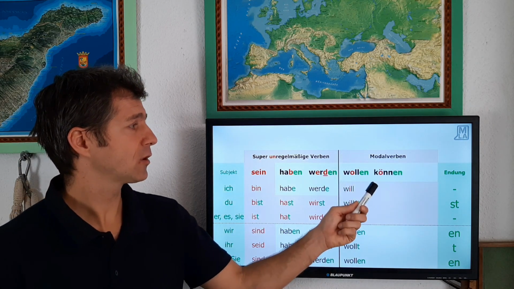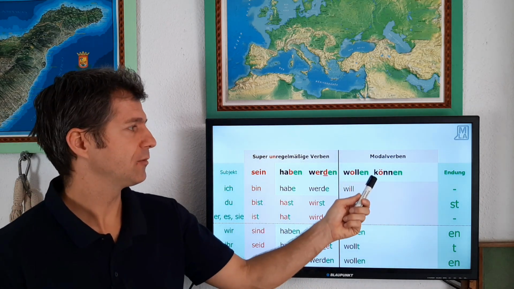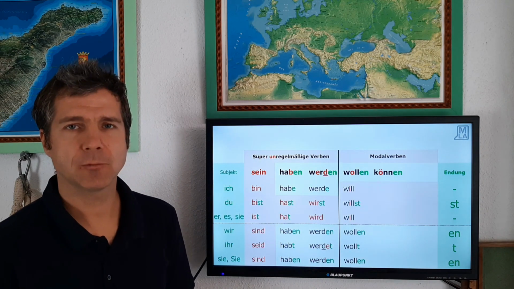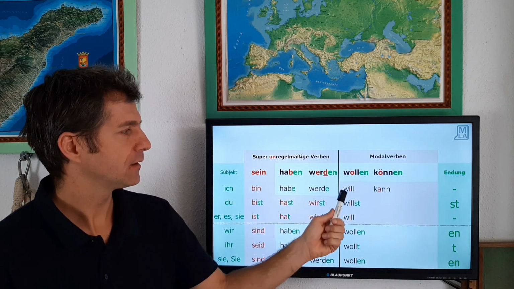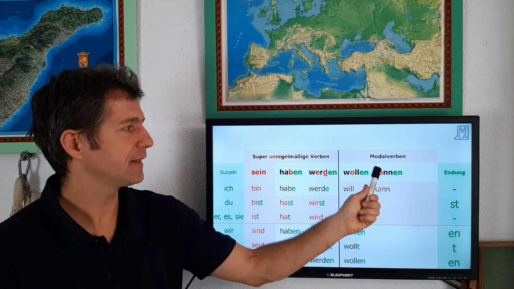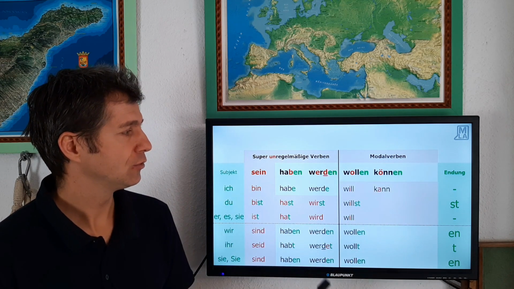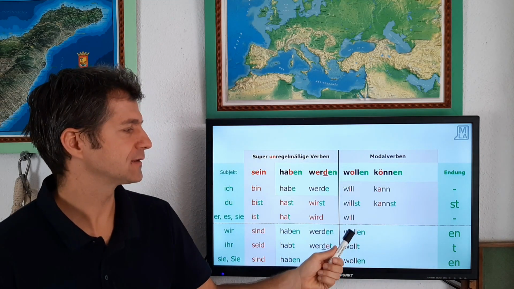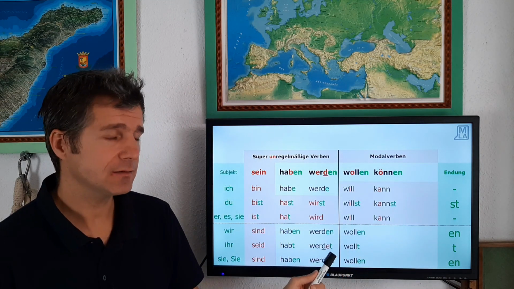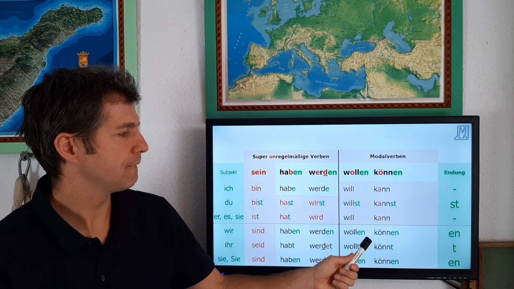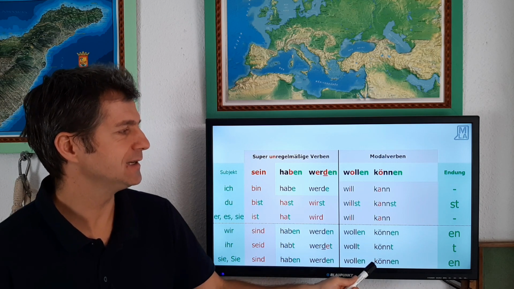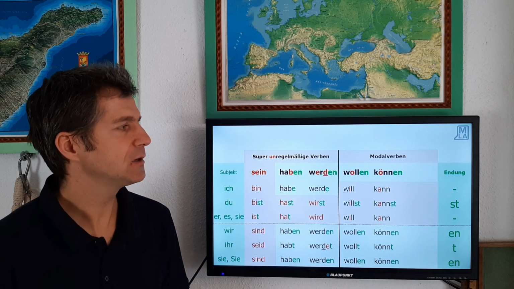If you see the next modal verb like can, or to be able to, können, it will do the same. Ich kann, no ending, but there's a change in the root from O umlaut to an A. And then du kannst. Er kann, and plural, it's regular. Wir können, ihr könnt, sie können. Let's see one more example.